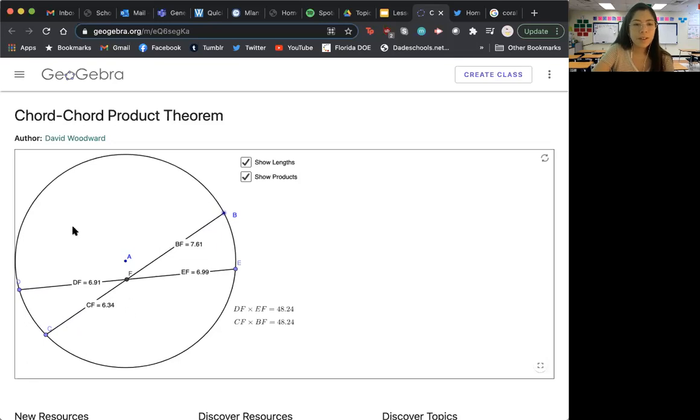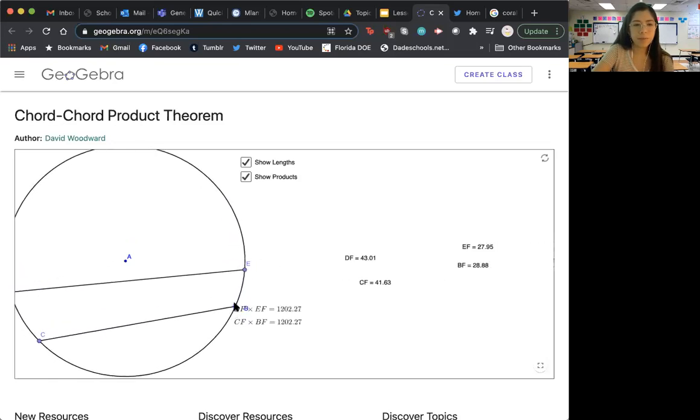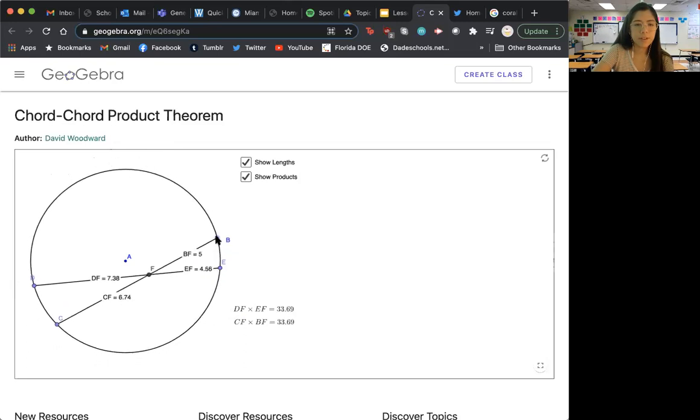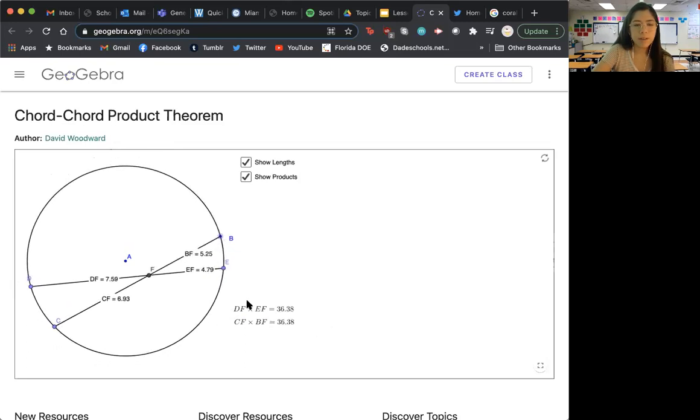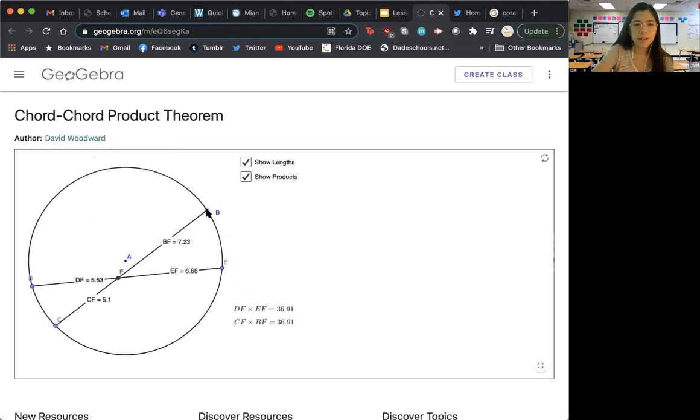Okay, now they're intersecting. This only works when they're intersecting. If I draw it this way, it's not really going to work anymore. So I'm making sure that they intersect. And now let's take a look. Notice over here, these numbers have been changing all along. But what always happens, no matter where this is located, what's true?